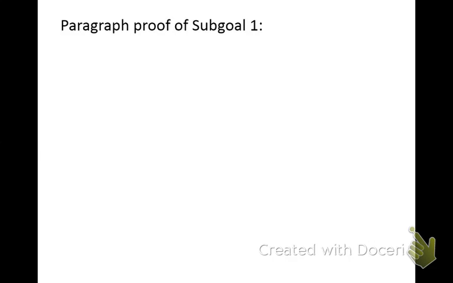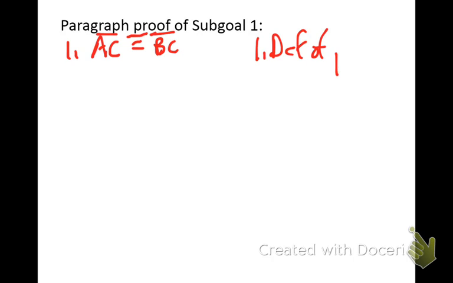So step 1, AC, we're given that AC is congruent to BC because it told us that the P was on the perpendicular bisector. So that's step 1, definition of perpendicular bisector.